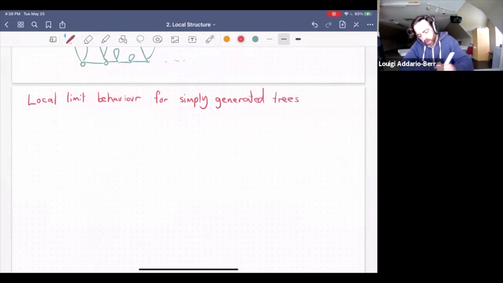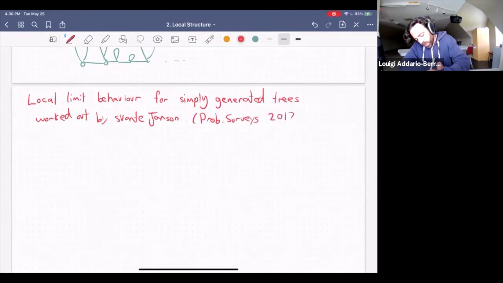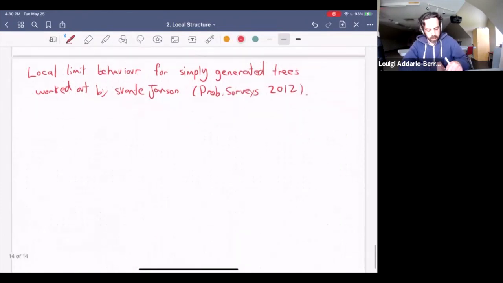This was worked out by Svante Janson in a Probability Surveys paper in 2012. I'll just tell you quickly what simply generated trees are.